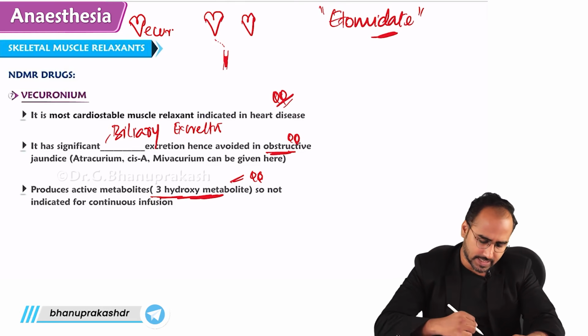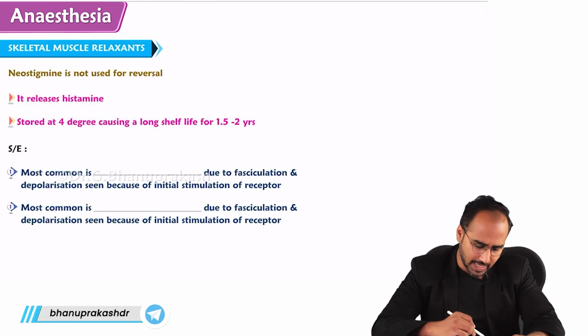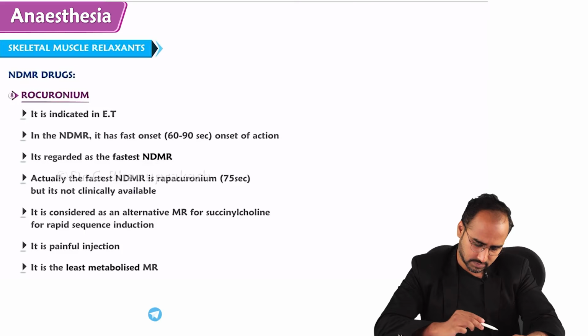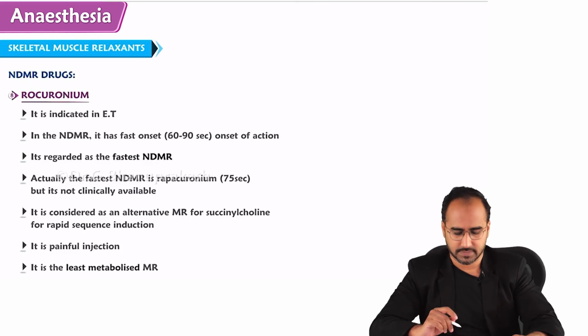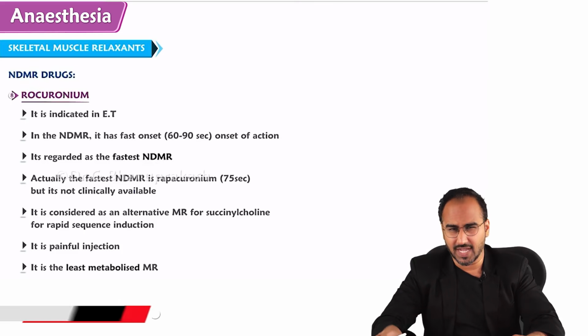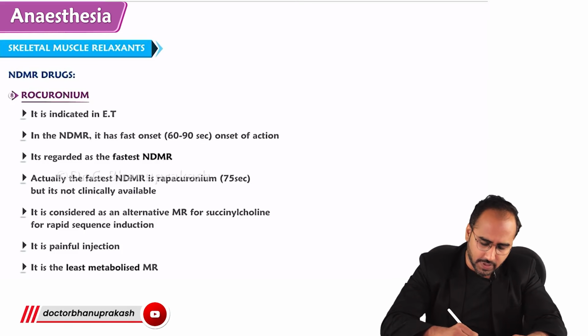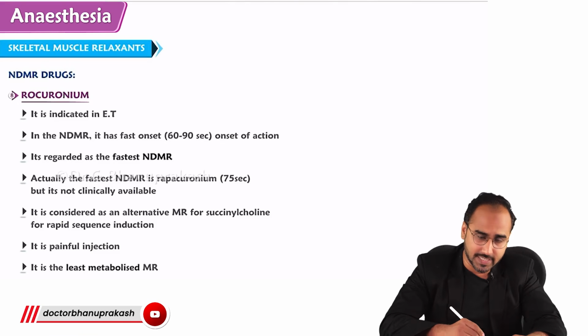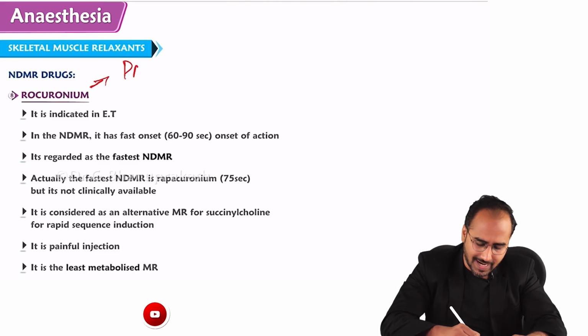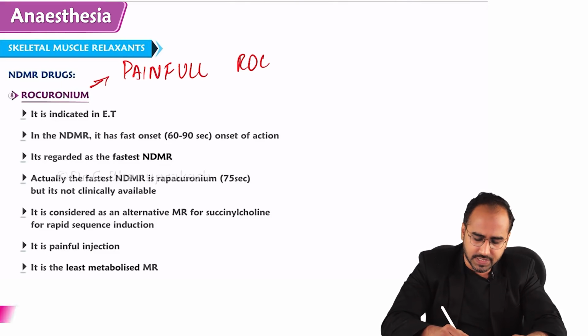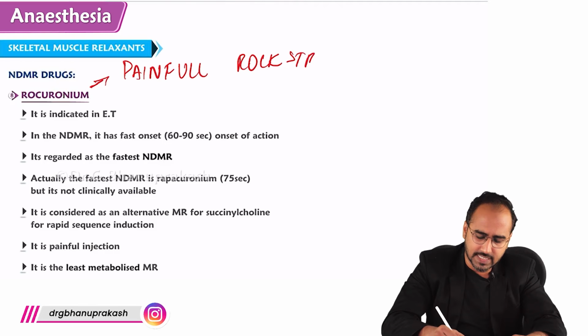Okay? Next, coming to the next drug, which is called Rocuronium. Guys, I used to remember Rocuronium as a painful rock star. In the non-depolarizing category, the next muscle relaxant is Rocuronium. I used to always write Rocuronium as a painful rock star. Why, sir?